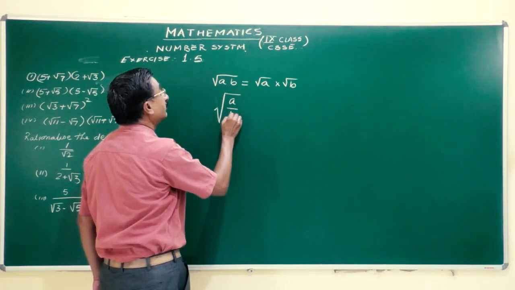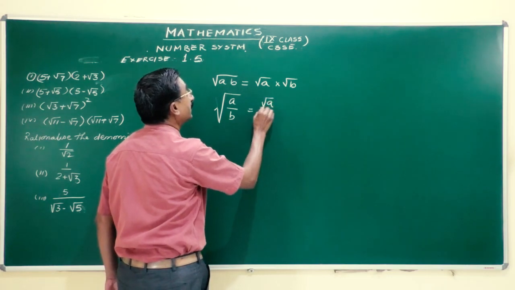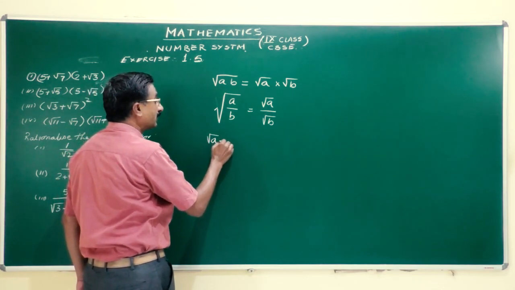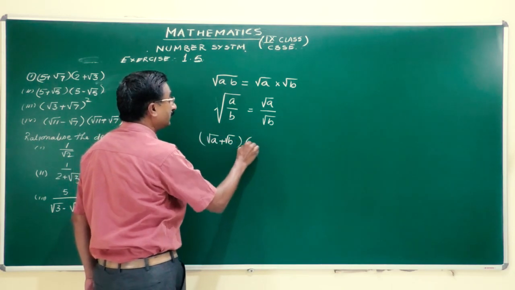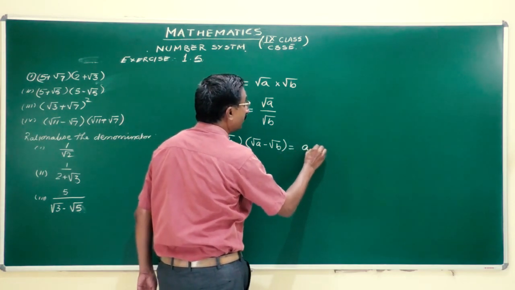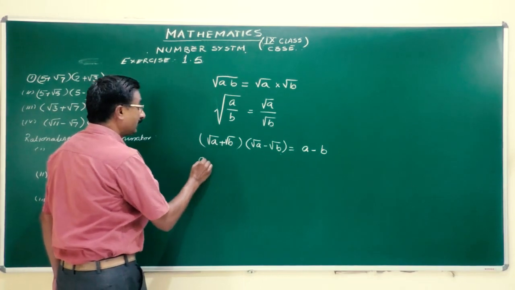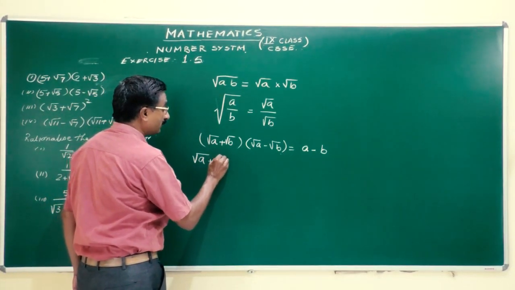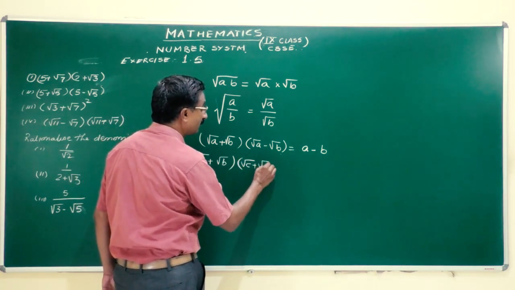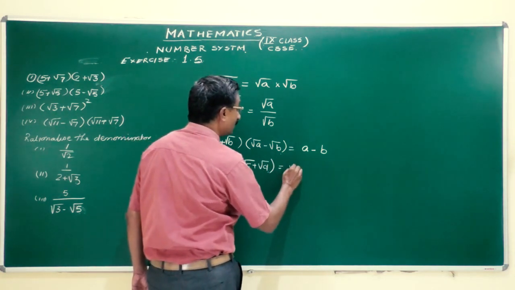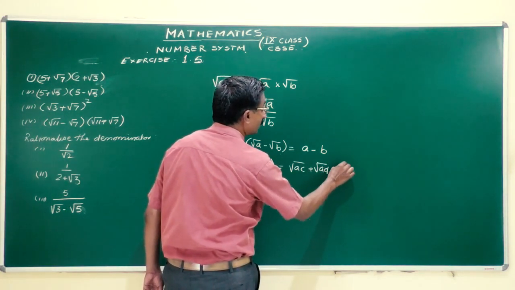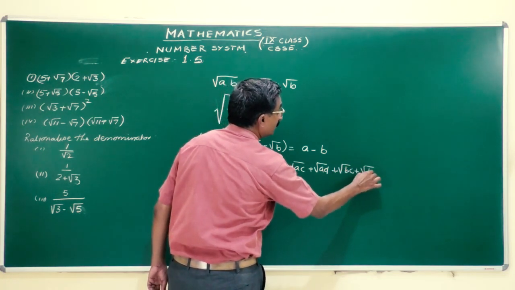Root of A upon B can be written as root A upon root B. Root A plus root B into root A minus root B is equal to A minus B. Root A plus root B into root C plus root D is equal to root AC plus root AD plus root BC plus root BD.